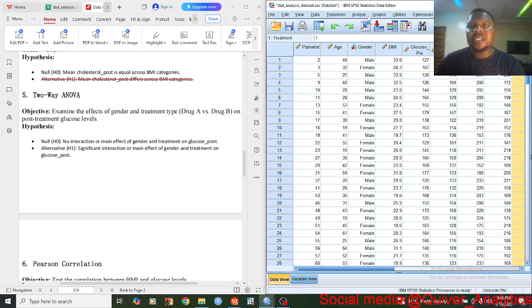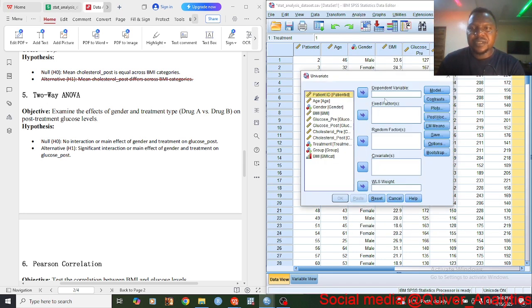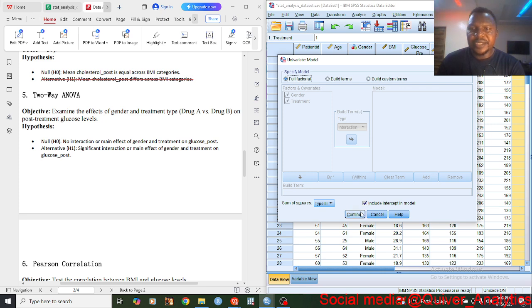So let's see, Analyze, General Linear Model, Univariate. The dependent variable is post glucose level. The fixed factors are gender and treatments. We don't need this.